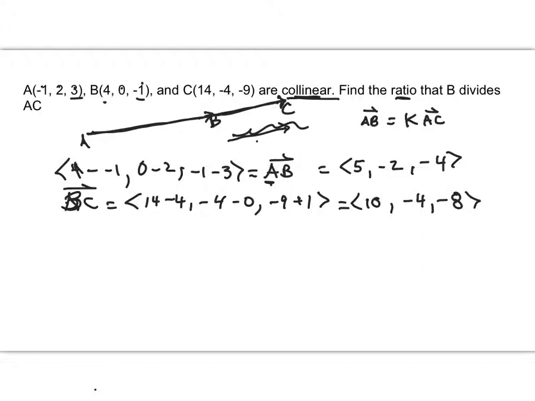Okay, I'm just going to put these in column form so I can line them up side by side and see them a little better. A to B, you don't need to do that, but I think it'll be easier to see here.